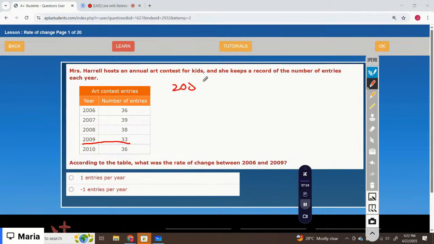So 2009 minus 2006 is 3, the distance between the years, and 33 minus 36 is negative 3.